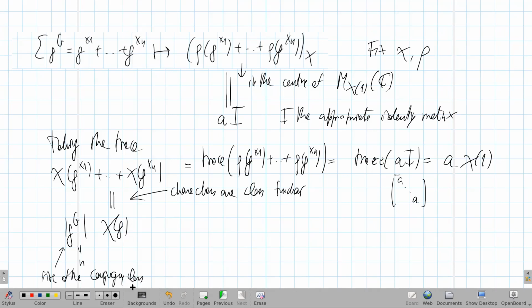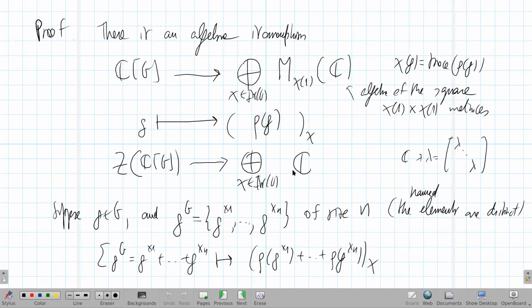So we have a value for A, which is, let's write it as, the size of the class times chi of g over chi of 1. So in other words, this conjugacy class goes into a tuple, in this isomorphism, where C stands for the complex number on the diagonal here.